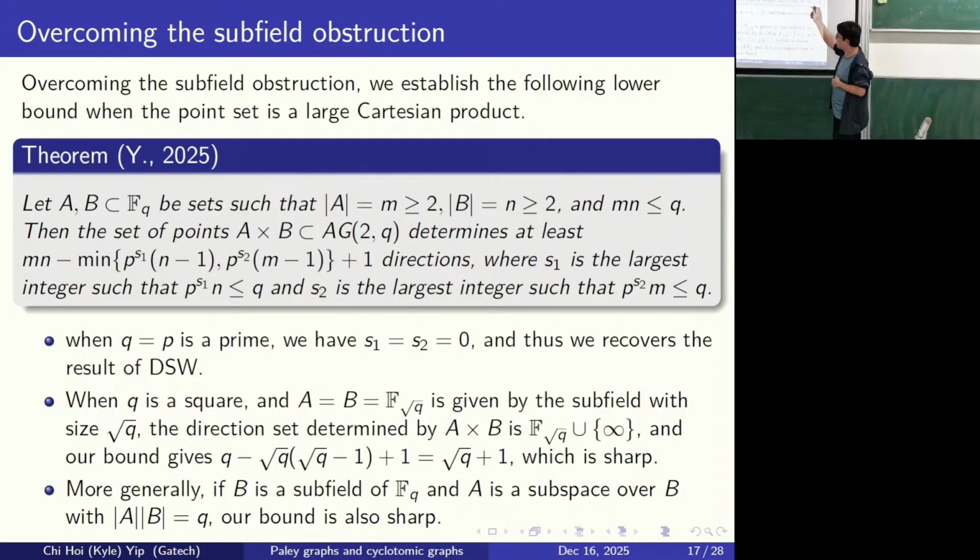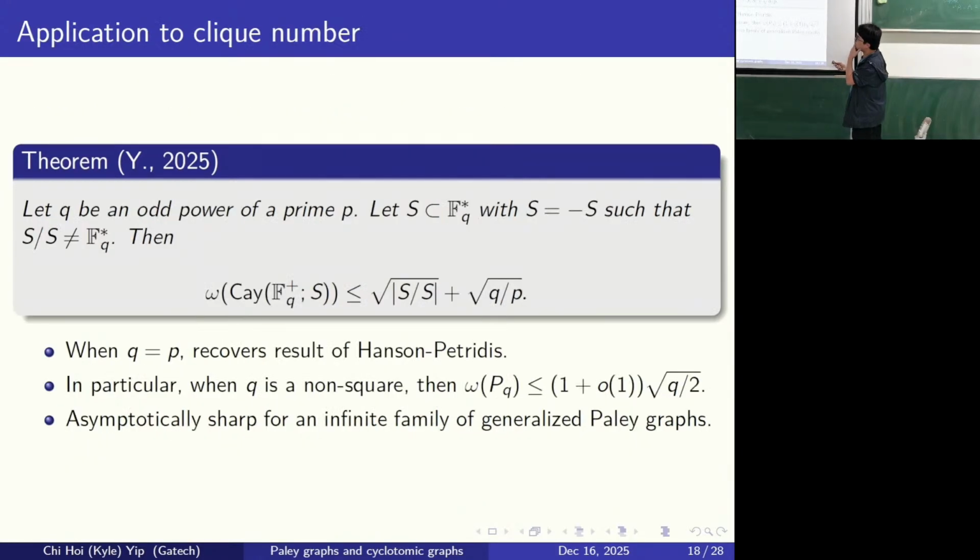I don't want to go into the details because it's quite technical, but I want to mention that this has an application, which is that if we have a Cayley graph, then we can give a bound like this.